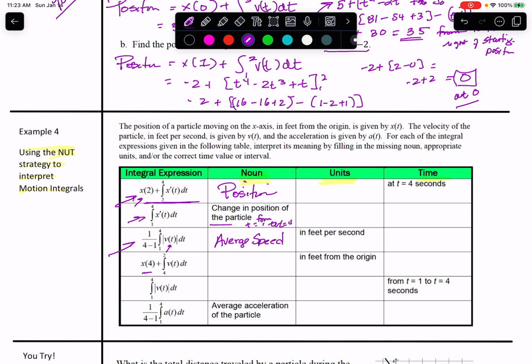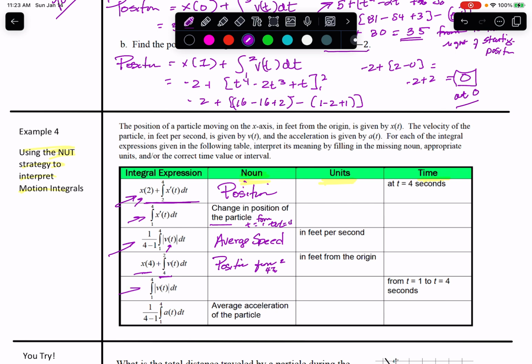This one looks like it's position again. They give you initial position and they want it 2 seconds after, so you have to use the initial position and then 4 to 2.